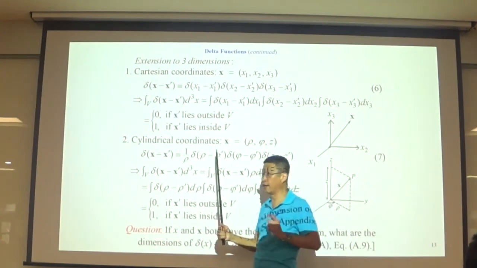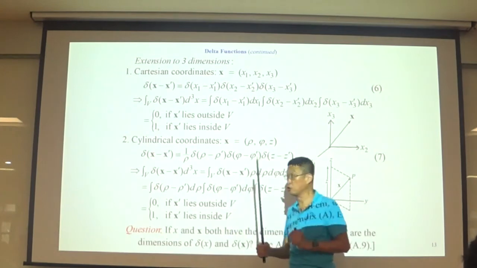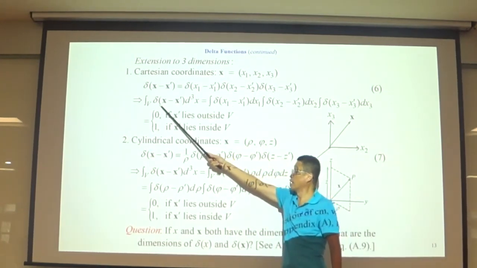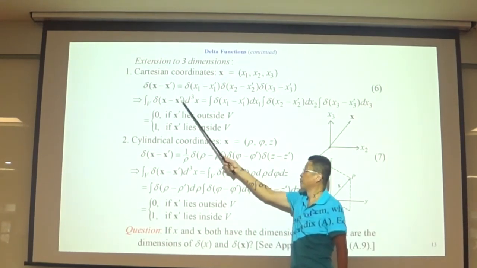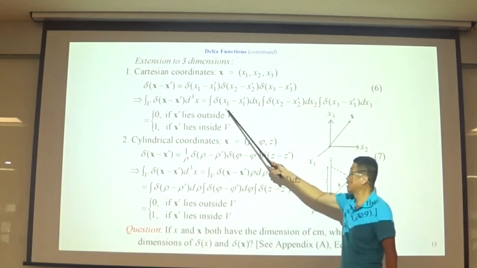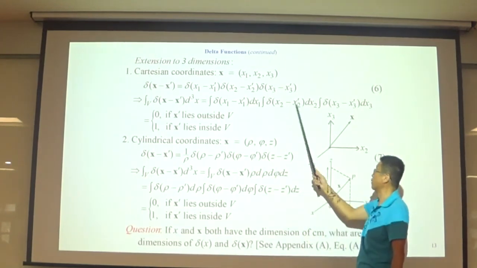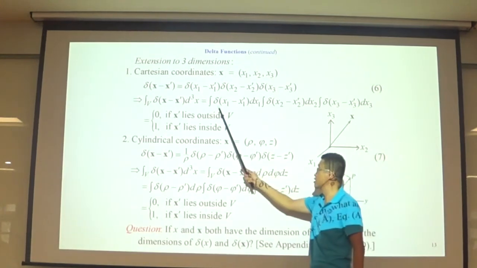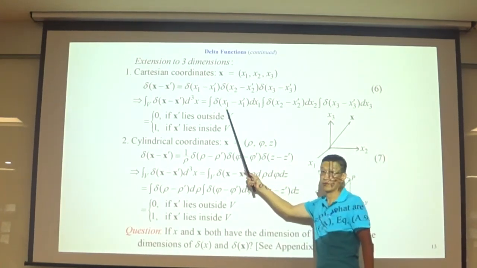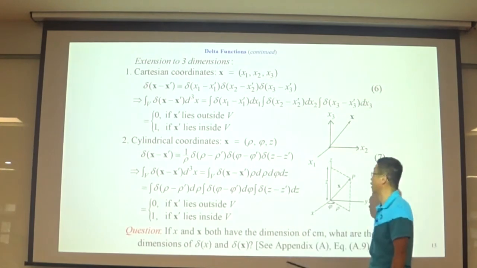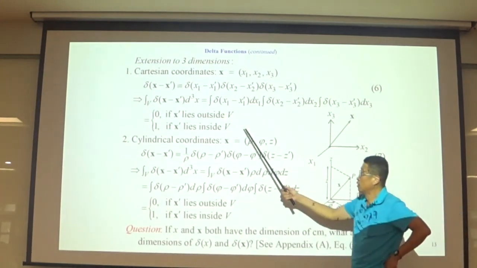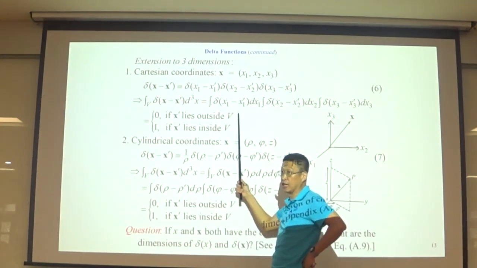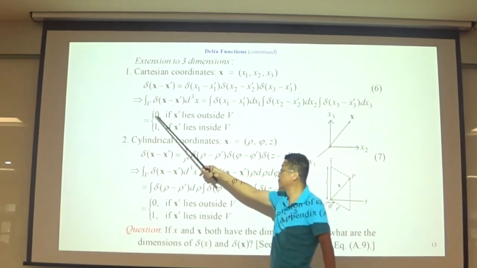This is a shorthand notation, very easy to write, but its physical meaning is here. So the delta function of x minus x prime will become this one, separated into 3 terms, and each term is the Dirac delta function. Okay, so if x prime lies outside V, nothing.